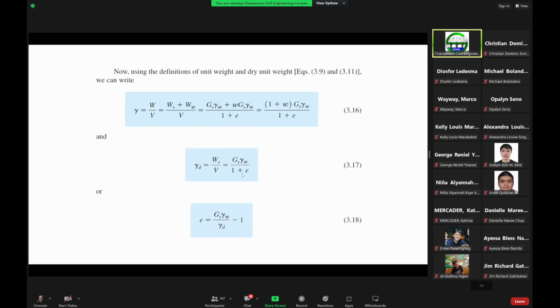So that's this one here. That means you can also express the unit weight and the dry unit weight in terms of these parameters. So it depends on what is given in the problem. Or in actual practice, it depends on what is being provided by the laboratory.